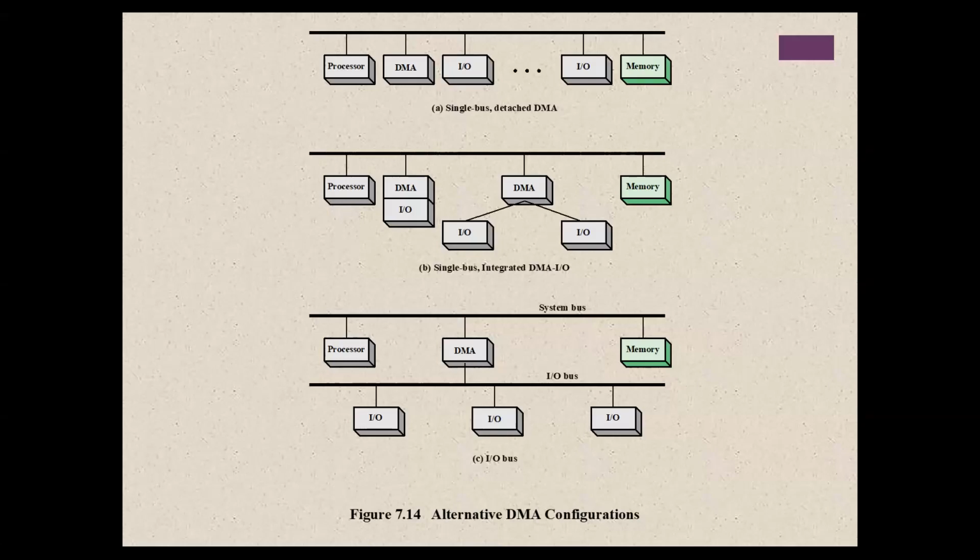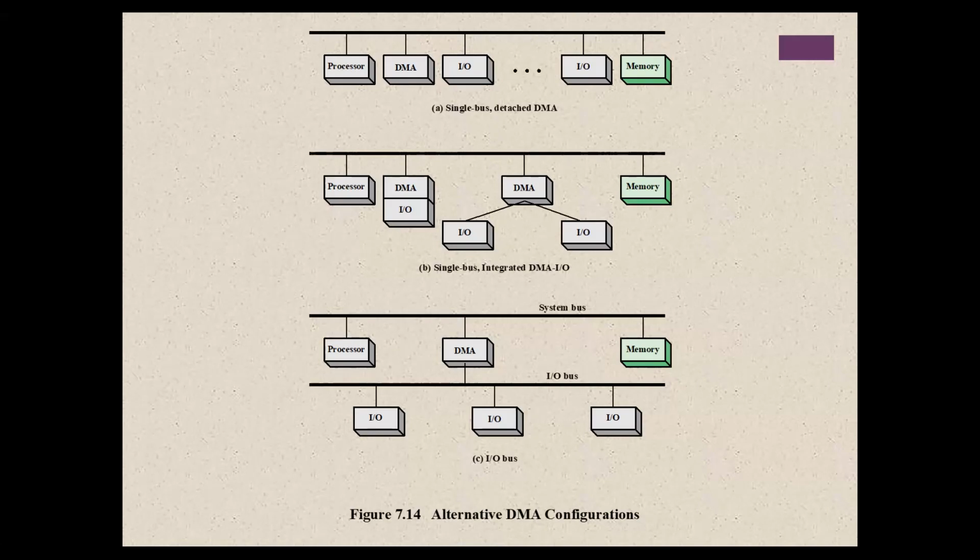The figure B indicates the path between the DMA module and one or more I/O modules that does not include the system bus directly. So the DMA logic may actually be part of an I/O module, or it may be a separate module that controls one or more of the I/O modules.